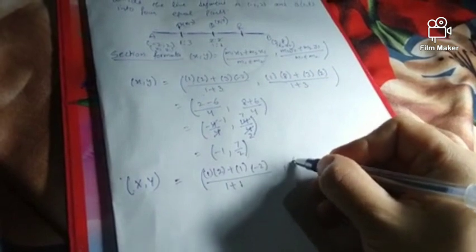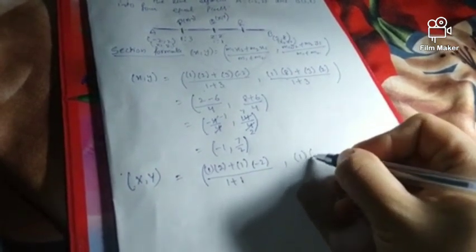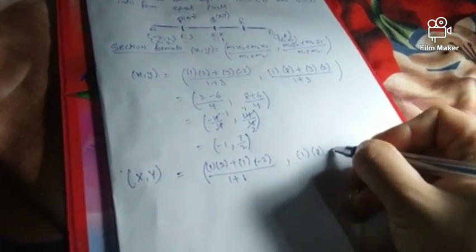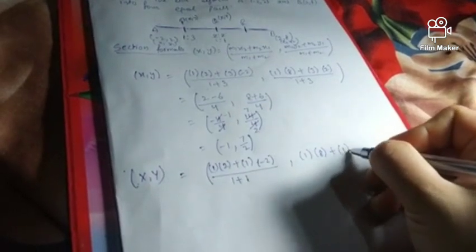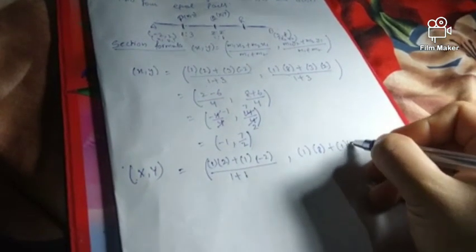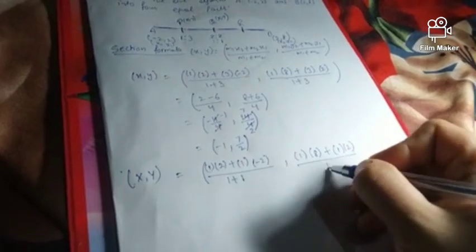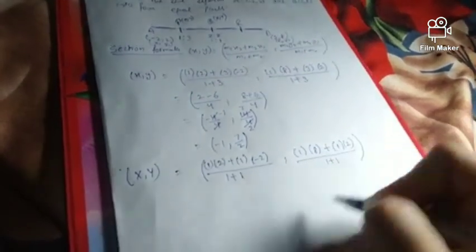Same way, m1 is 1, y2 is 8, m2 is 1, y1 is 2, divided by m1 plus m2.